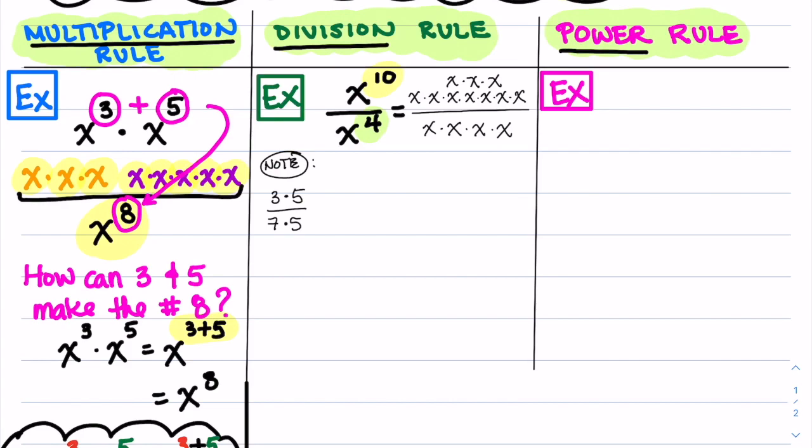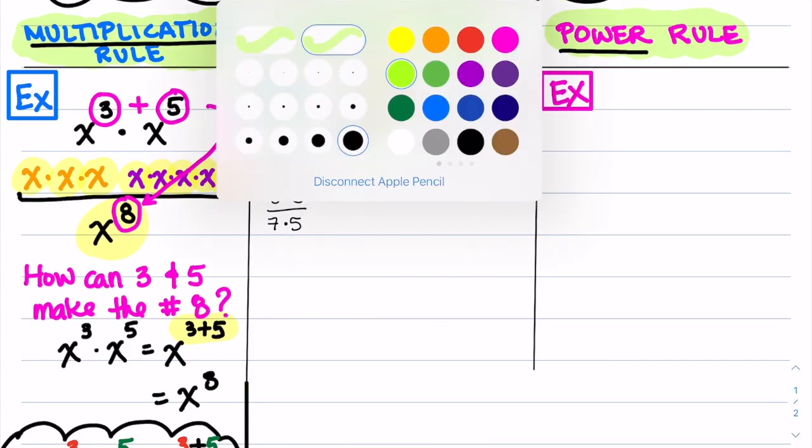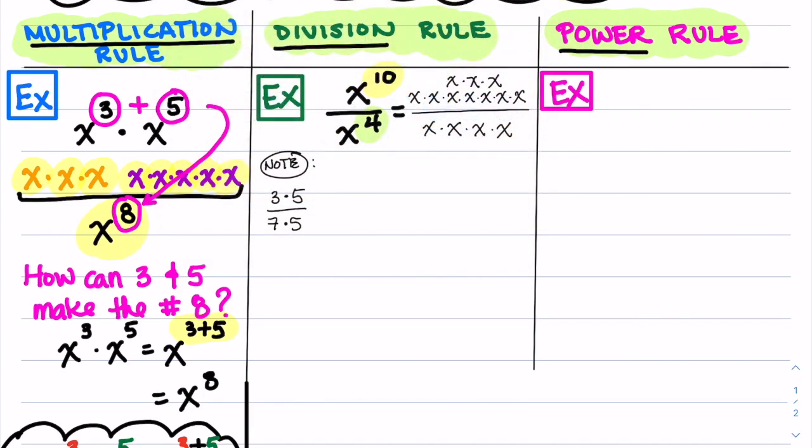At some point last semester, I was writing little ones like this, because I was trying to show you that in certain cases, when you have the same number on the top and bottom of a fraction, they pretty much simplify to 1.